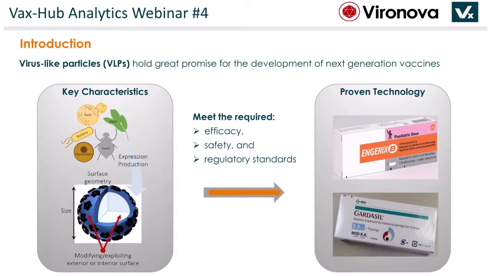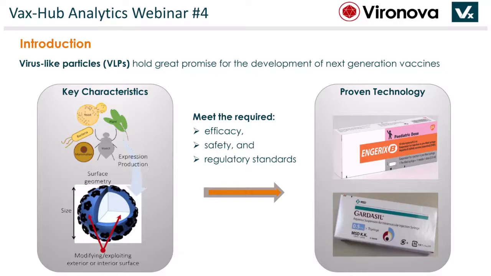As far as the modification of VLPs is concerned, they can be externally and internally modified to display antigens or epitopes of interest. Of course, it is critical to fully characterize these types of particles to be sure that they meet the required efficacy, safety, and regulatory standards before they reach the market.